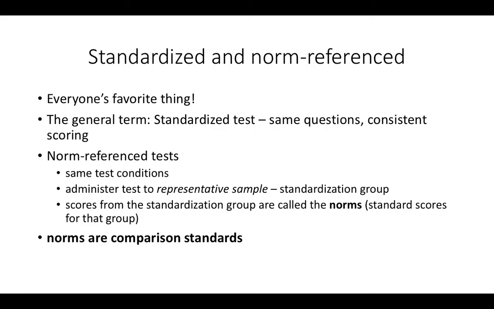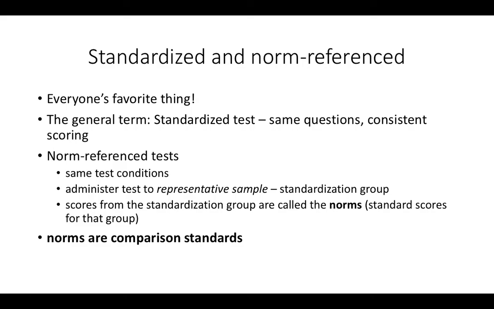But first, you have administered the test to a representative sample, sometimes called the norm group, sometimes called the standardization group. The scores that representative sample came up with are called the norms. Those are your standard scores, and those are terms you've probably heard before.